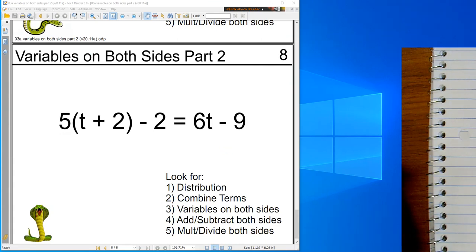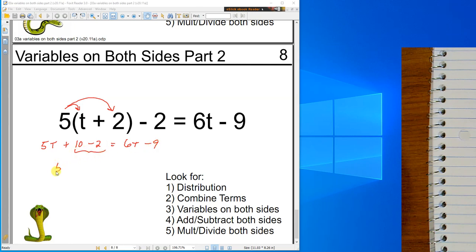Okay. This one's got a couple good steps. A distribution step, so 5t plus 10 minus 2 equals 6t minus 9. Combining terms. 5t plus 8 equals 6t minus 9.